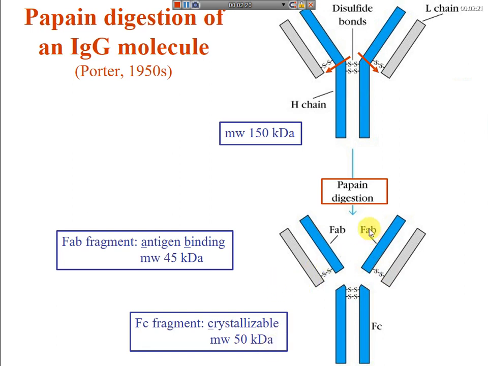So this 45 kilodalton fragment was named the fragment antigen binding. Although there are two such fragments, because of their equivalence in weight, we get only one band. And the single fragment of 50 kilodalton is known as the fragment crystallizable, FC. FAB and FC. So FAB for fragment antigen binding and FC for fragment crystallizable.